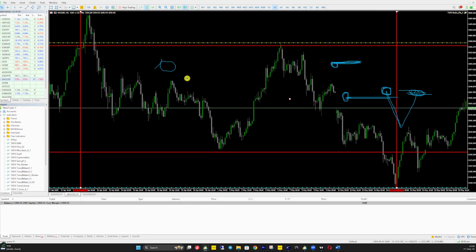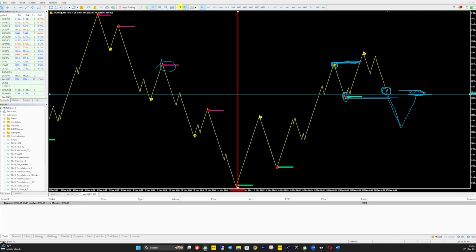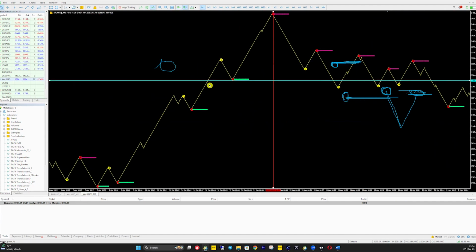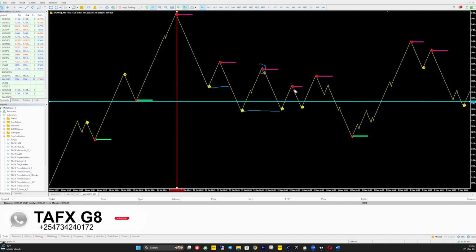So this is why, even if we have analyzed this market as a sideways market, there is some change of character with a break of structure in the middle of this. So you won't get confused, because you can read them easily, because this is a lower low, and this is a lower high.